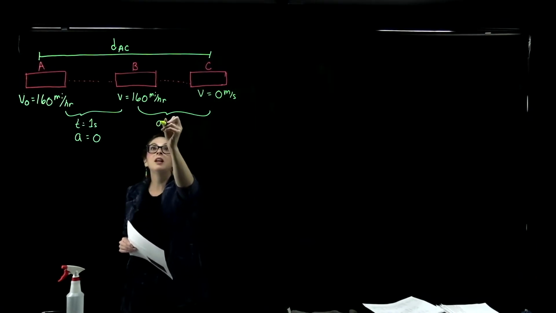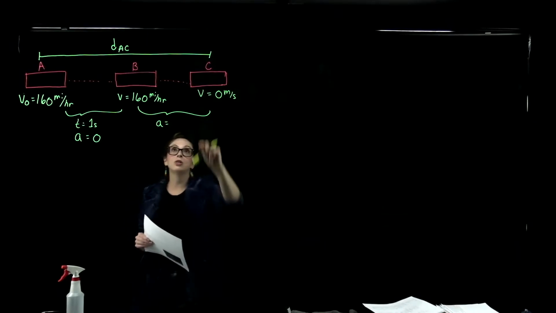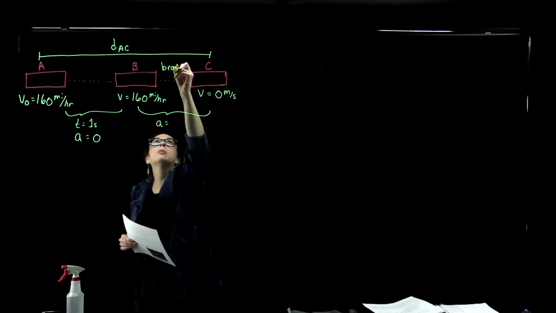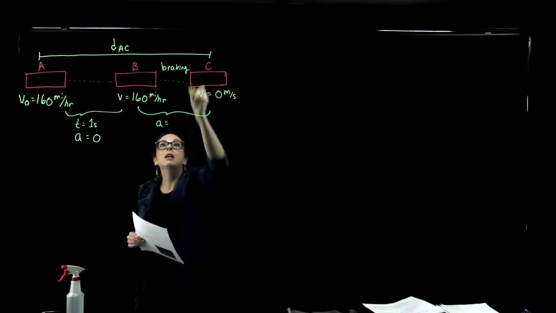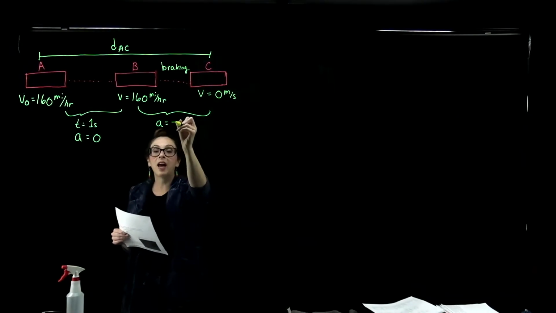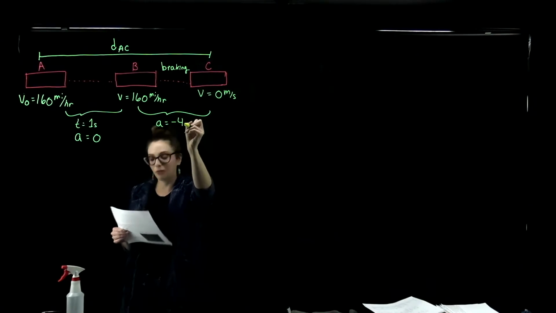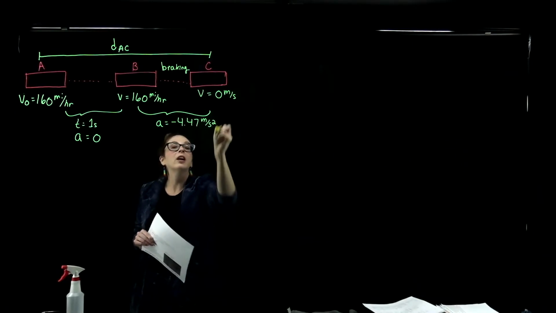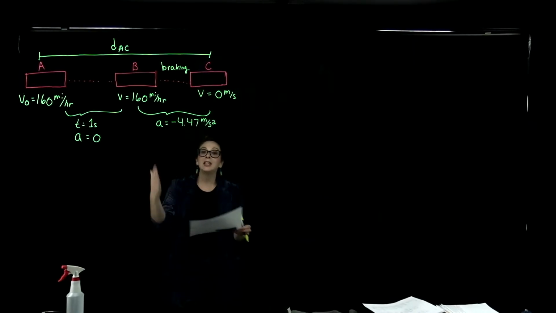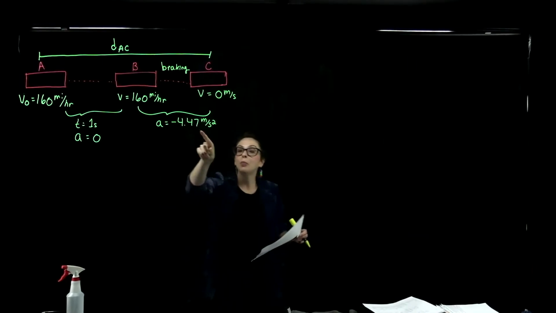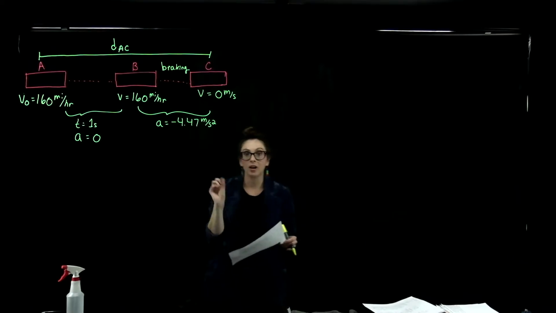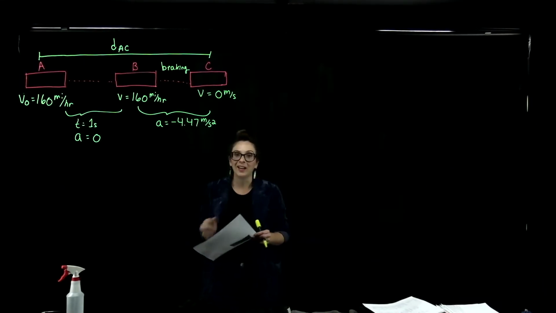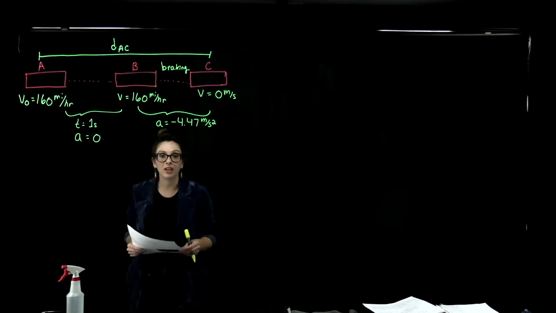And so we know that this acceleration during our slowdown phase, our braking phase, we'll call this part braking, is that deceleration is minus 4.47 meters per second squared. So the problem is going to say it decelerates at a rate of 4.47 meters per second squared. That term deceleration means I've got to put a minus sign in there whenever I'm solving this problem.